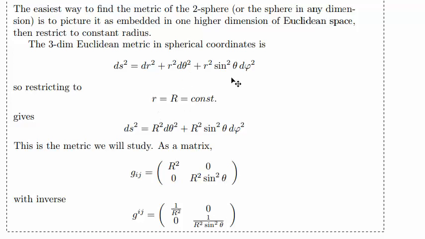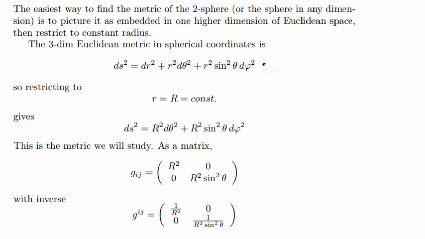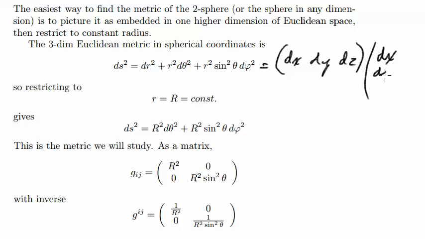Something happened here, because at this point he actually invoked a matrix. This was literally equal to dx, dy, dz dot producted with dx, dy, dz.